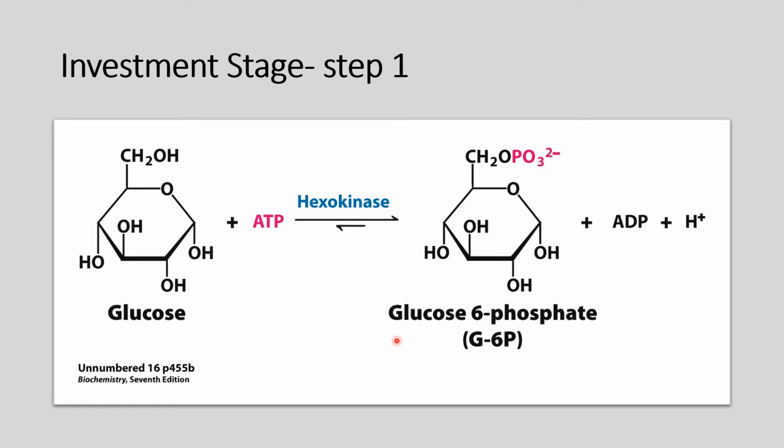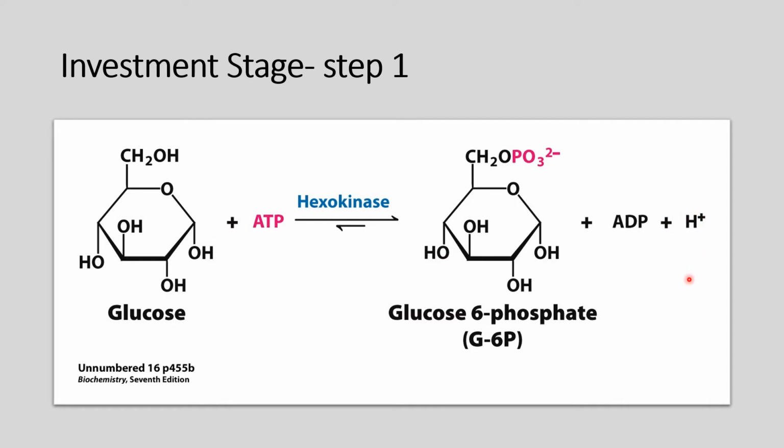So we form glucose 6-phosphate. We break down the ATP molecule into an ADP molecule, and also a hydrogen ion is released as well.